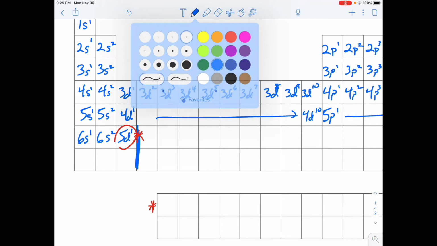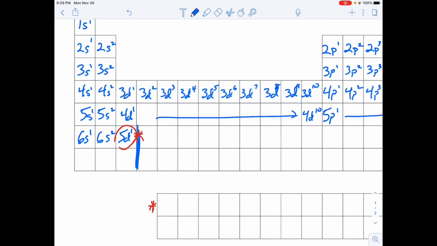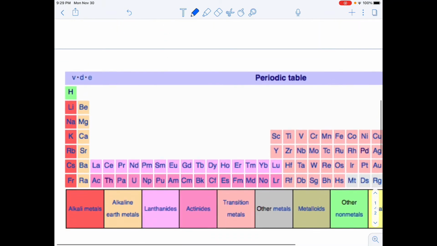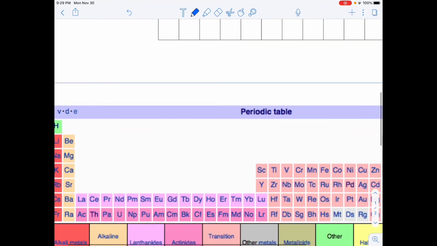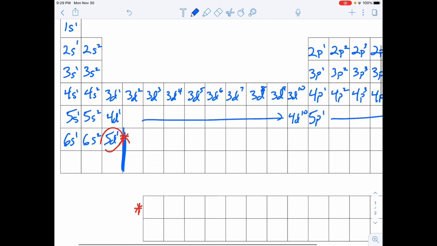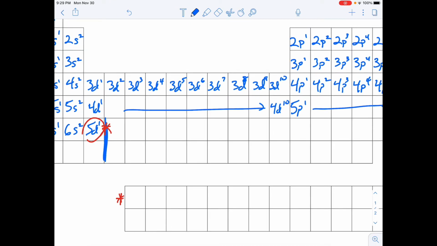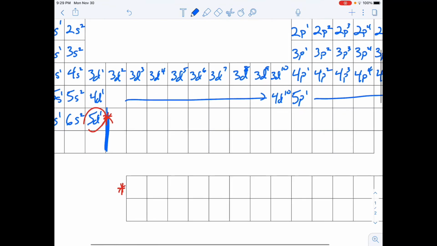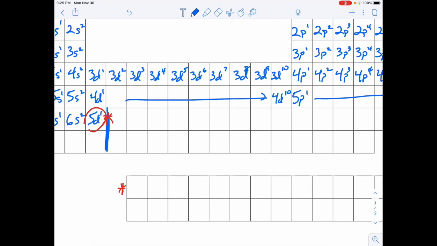If you look at the atomic numbers, you can see that here we're going to go from 5d. Now, I ignored this before, but really the 5d does start before the 4f's.